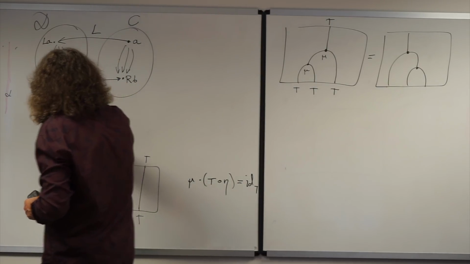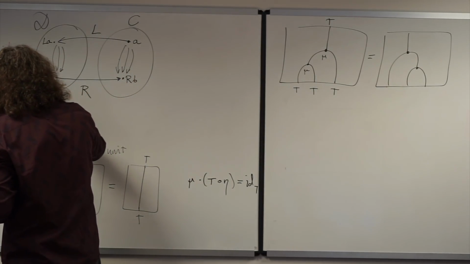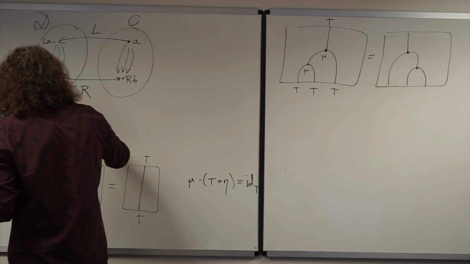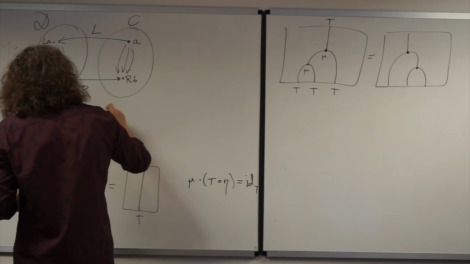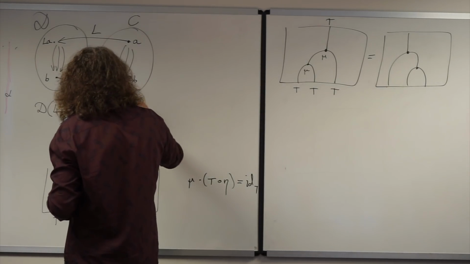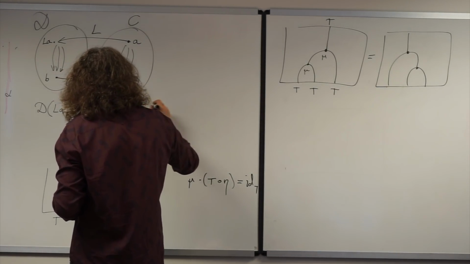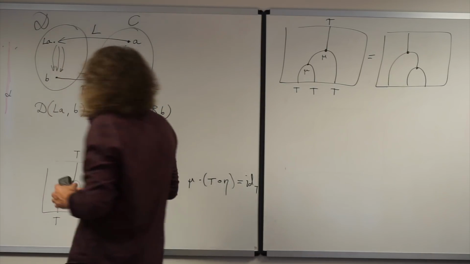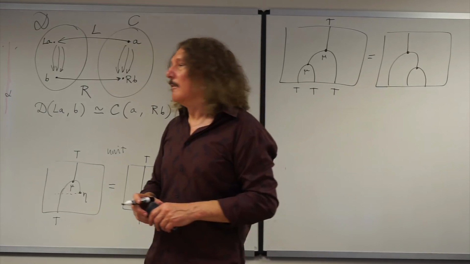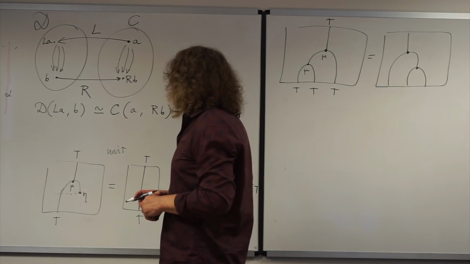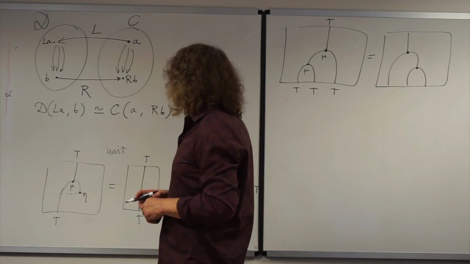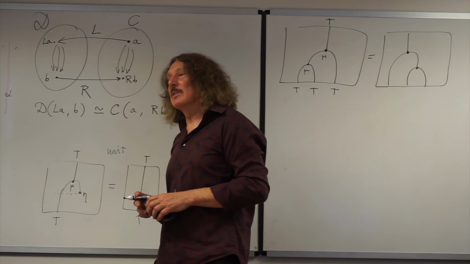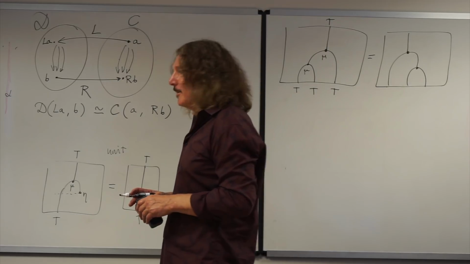Let me draw this Hom set first. The notation for this: a Hom set from LA to B is isomorphic to the Hom set from A to RB. Now, this doesn't look immediately like something you can draw with string diagrams.